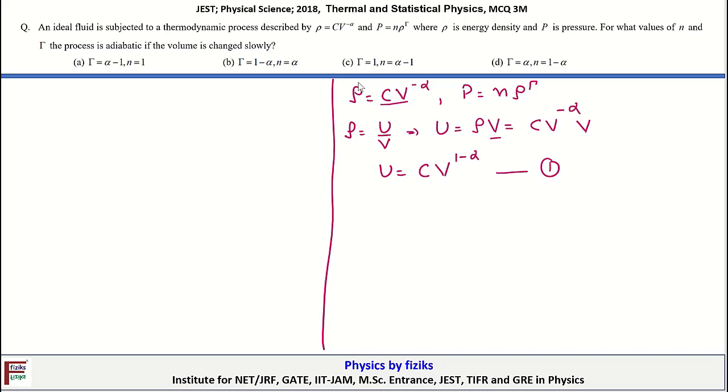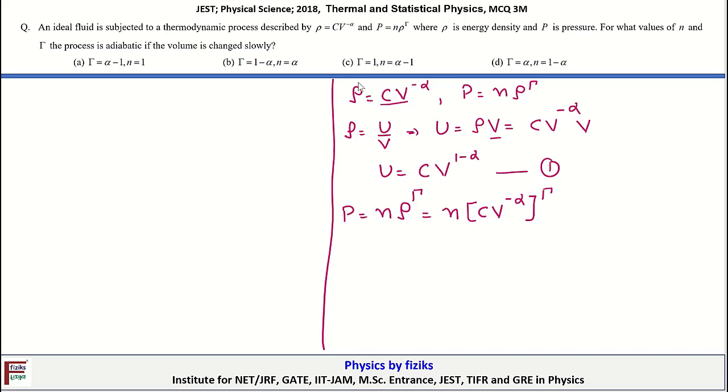Okay, now the pressure is given as P equals n rho to the power gamma. We are going to substitute the value of rho, that is C V to the power minus alpha. So that is n, and then rho is equal to C V to the power minus alpha, and its power gamma.